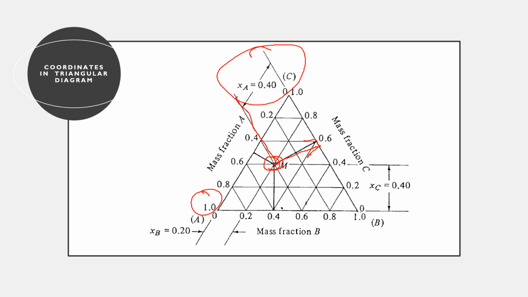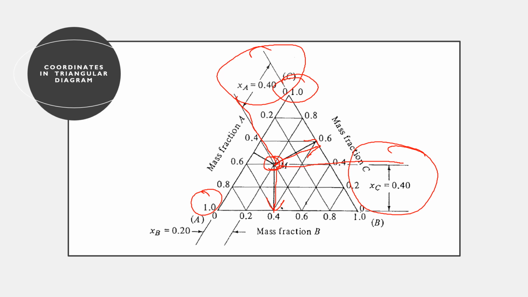From point M to the base AB gives the composition of component C, or the solvent. So from here, it shows 40% of component C, because 100% of component C is at the vertex of this diagram.